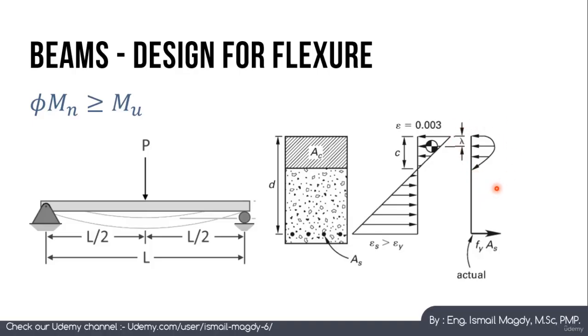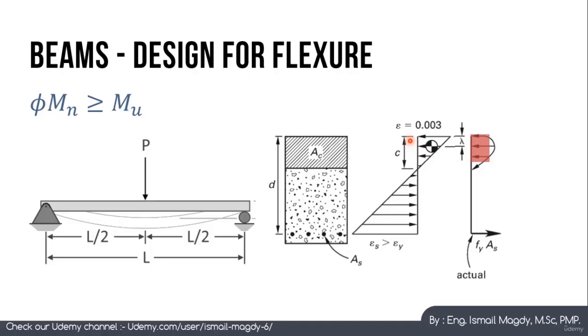But actually this parabolic shape is hard to use in our design or analysis because it is not a regular shape. That's why we need to convert it into an easier shape that we can use. We are going to convert it into this rectangle shape, which is of course much easier to deal with.